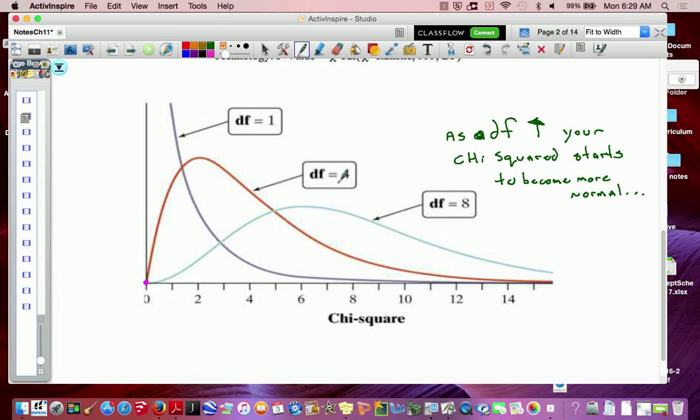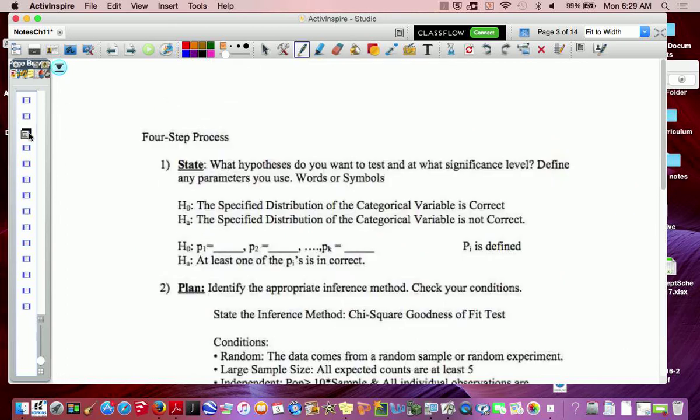Okay? So how do we approach a goodness of fit test? If we turn to the next page, again we go to our favorite 4-step process, which you love to do, but it's really helpful because it gives you a process step by step. So when you do the state part, you can decide whether to state it in words or symbols. I prefer to do words.